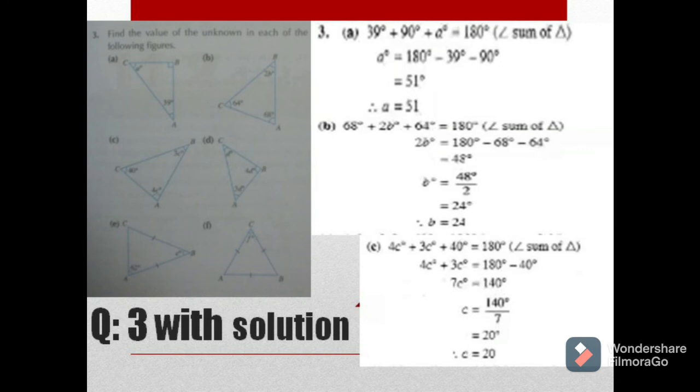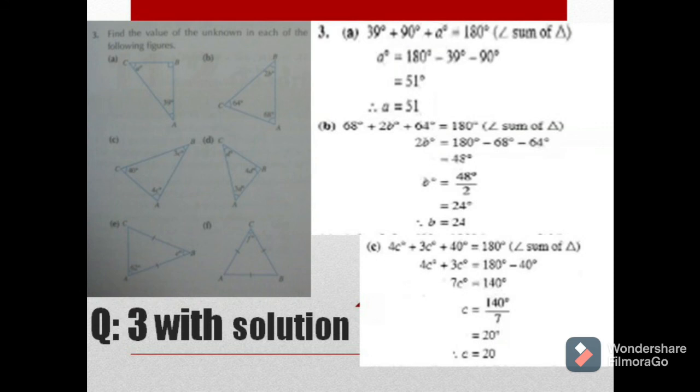So we have to find the value of C, and then we'll get to know both values. First of all, we have to subtract the digit given, which is 40 degrees, from 180 degrees, because we cannot subtract letters from digits. When subtracting 40 from 180 degrees, I got the answer as 140 degrees.